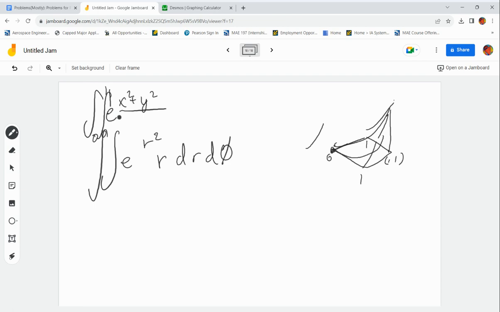I think if I remember correctly, the angle over here is 90, right? So it is 0 to, what was it again? Pi. What is this? Pi over 2. So it's 0 to pi over 2.